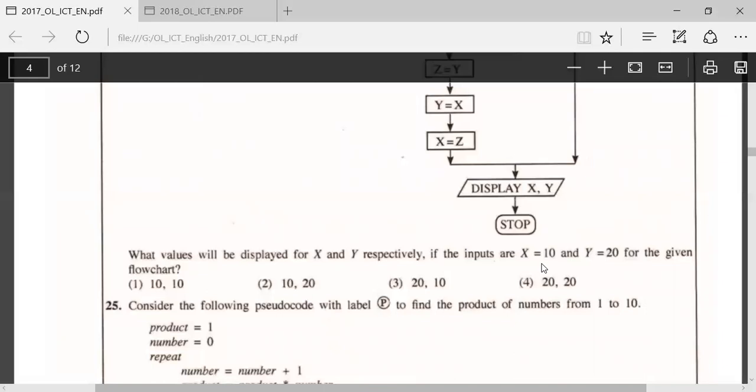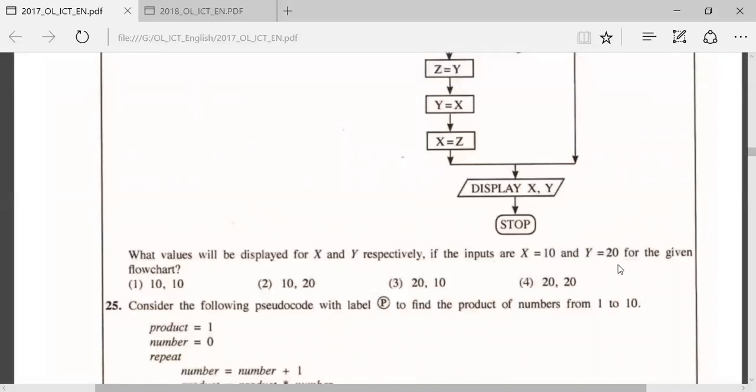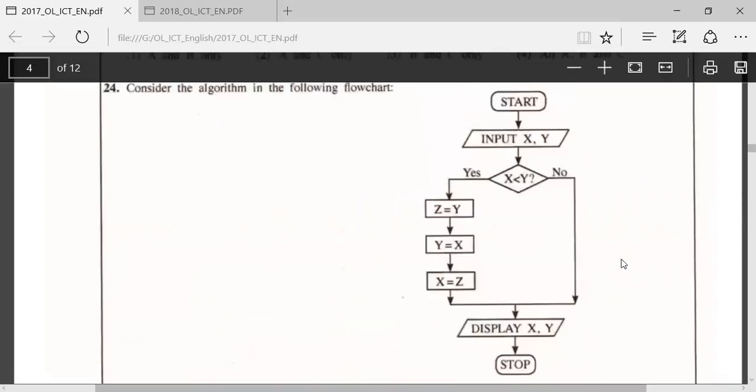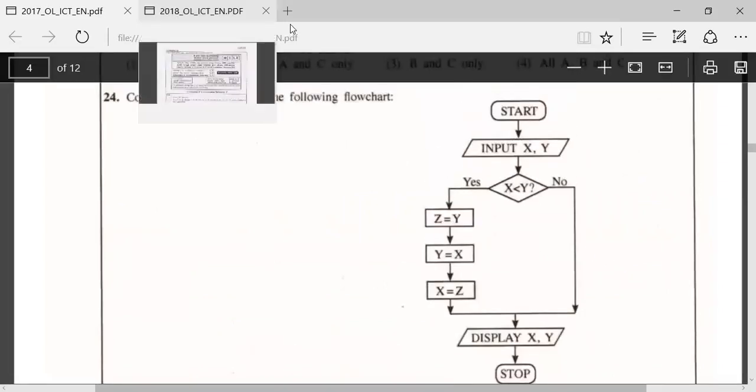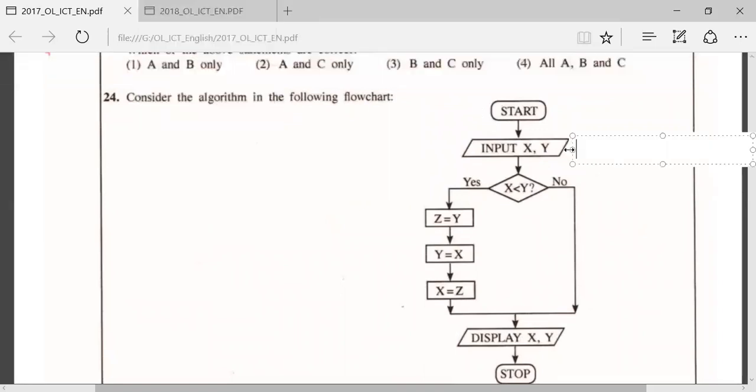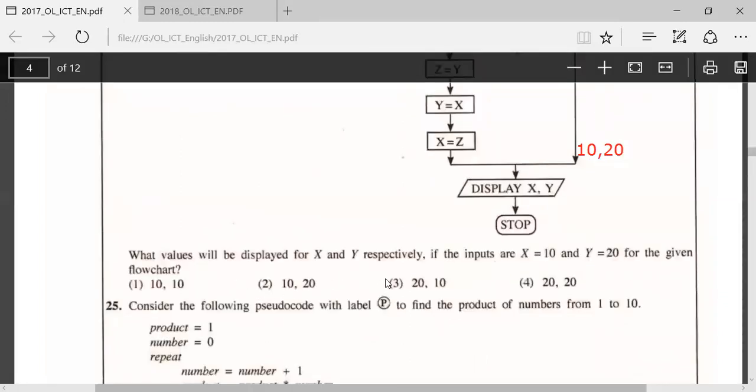So here x is equal to 10, y is equal to 20. I'll write 10, 20. What they expect is what will be displayed.